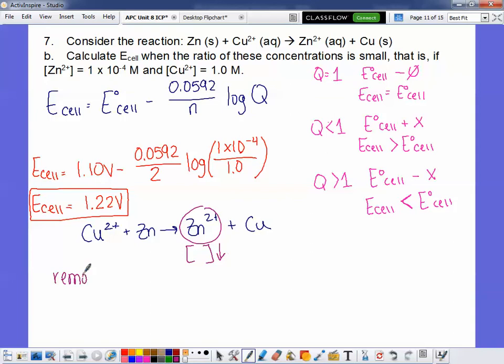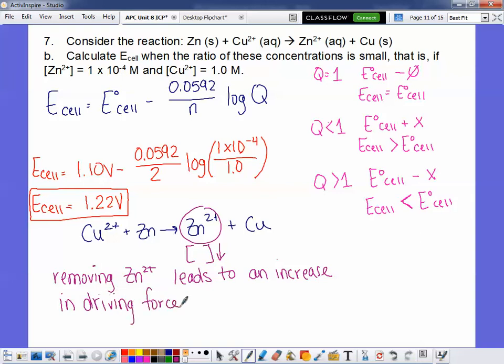Removing zinc 2 plus leads to an increase in driving force of the reaction. Therefore, an increased voltage.